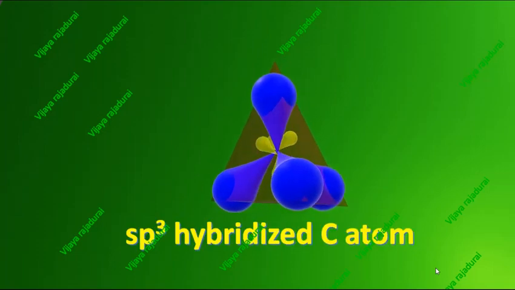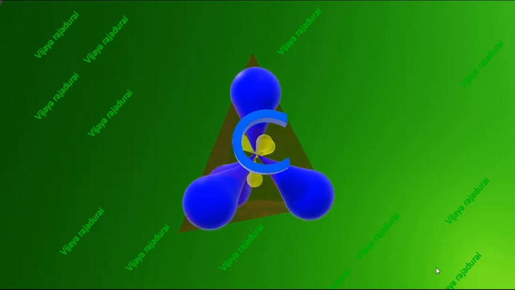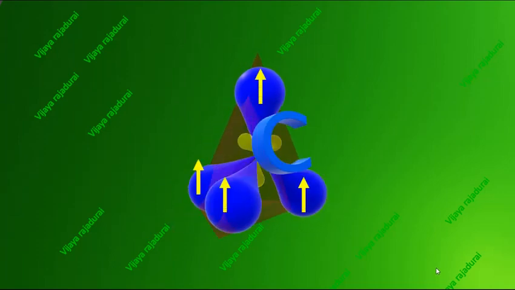Here the carbon atom has 4 sp3 hybridized orbitals, each hybridized orbital having one unpaired electron. Here you can see the unpaired electron on sp3 hybridized orbital.